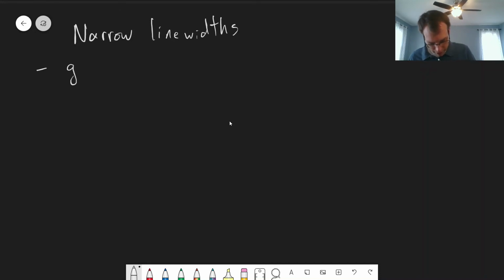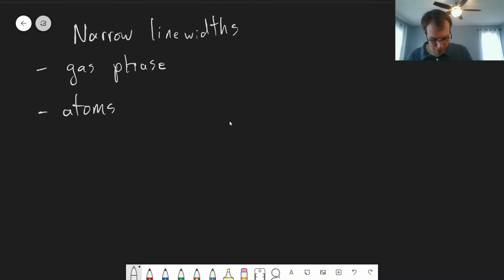One reason is that these are in the gas phase. The presence of solvent around a molecule will naturally broaden the line width because you have things interacting and it changes the relative energy levels, whereas in the gas phase, things are mostly isolated from each other.